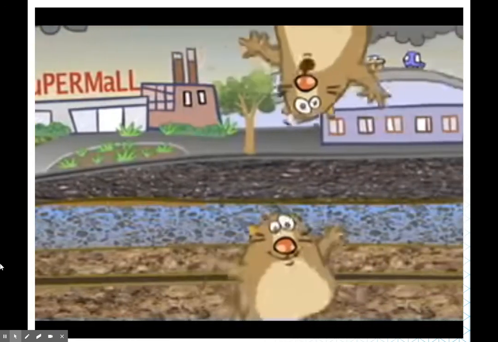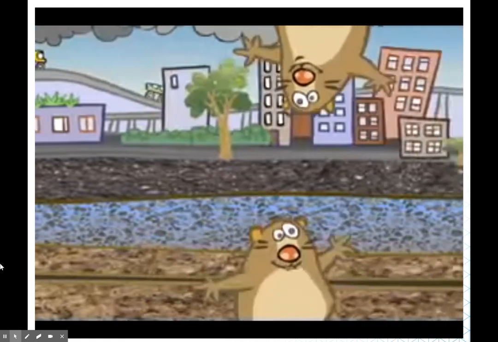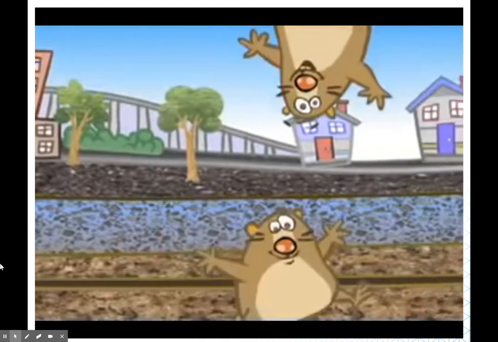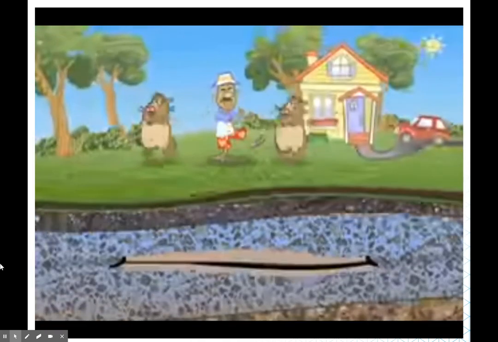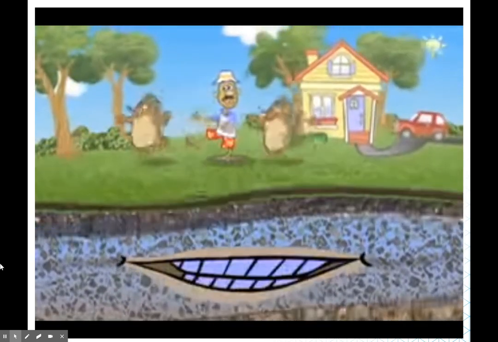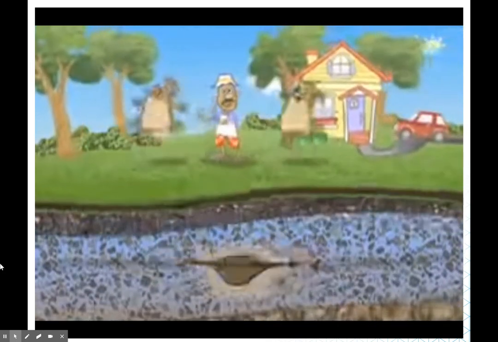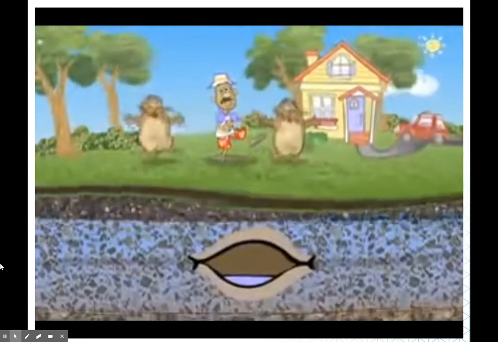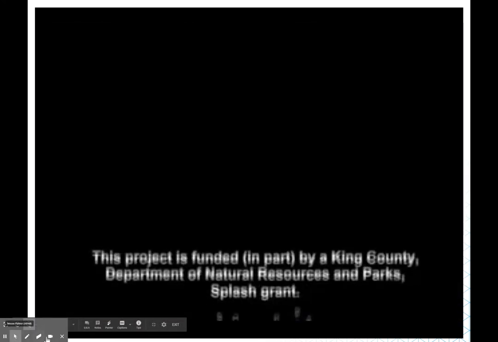Leave open space for water to flow. Be aware, groundwater, show you care. Groundwater, now you are in the know. Don't forget the water down below.